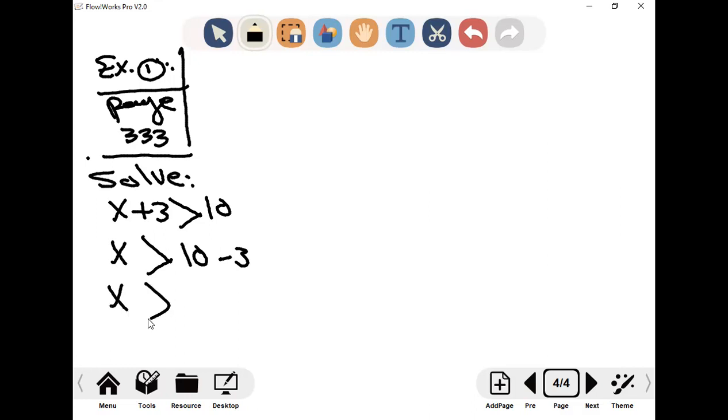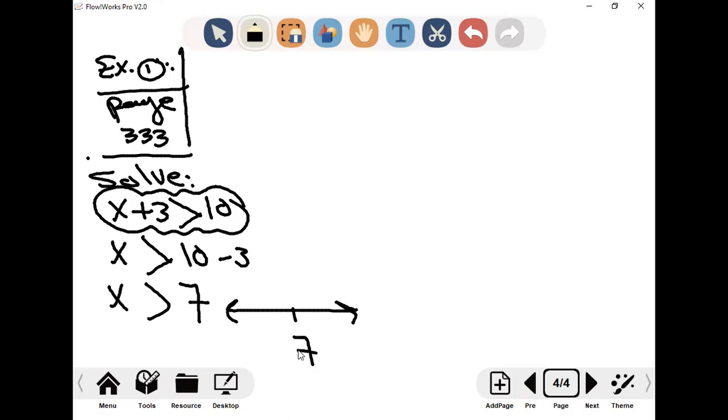So x is more than what? 7. x is more than 7, like 8, 7.5, 9, 10.1. All of them are numbers more than 7, right? So any number more than 7 is a solution. Any number less than 7 is not a solution for the inequality. In the equations we have one number, right? x equals 7, we would take the 7 alone, put it in and check. Right? But here, let's graph the solution.